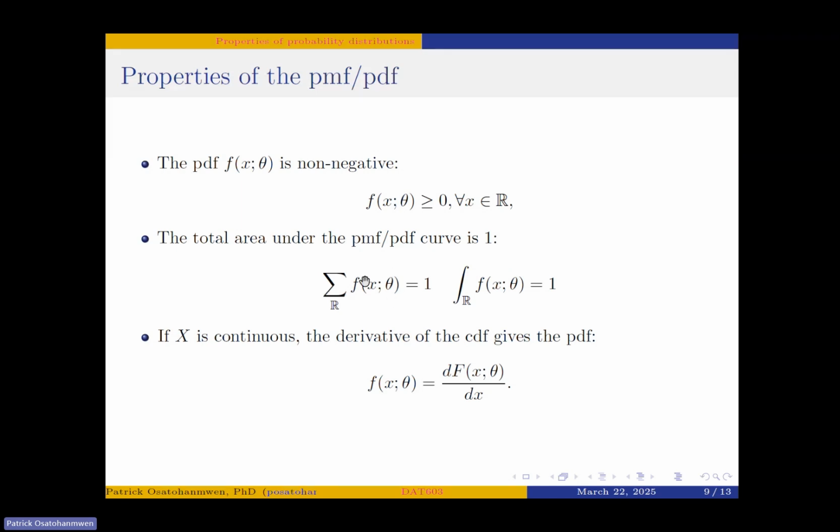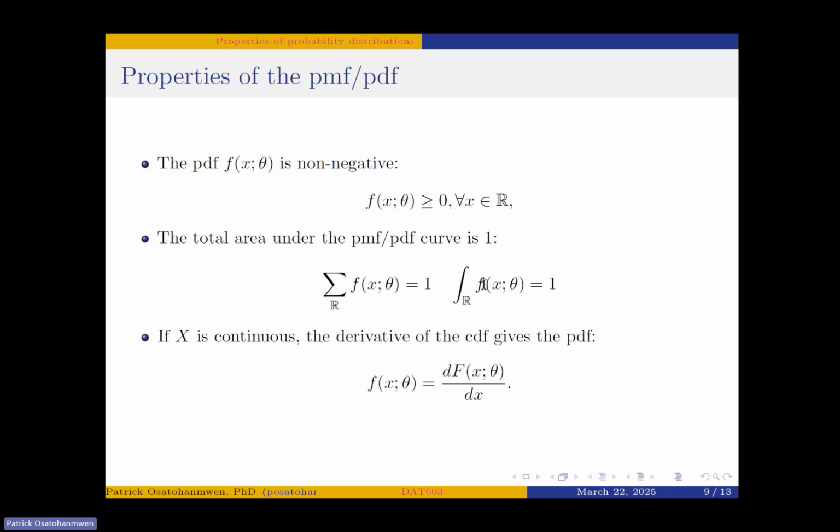This applies when the random variable is discrete. That is where we use the sum. If the random variable is continuous, we use the integral. So when we integrate the probability density function, it's going to give us 1. This is often called the normalization of a probability distribution. When you sum all the probabilities in the case of a probability mass function, it gives you 1. When you integrate the probability density function, it also gives you 1. So this is called a normalized probability.